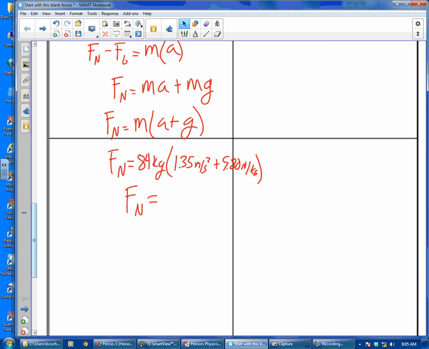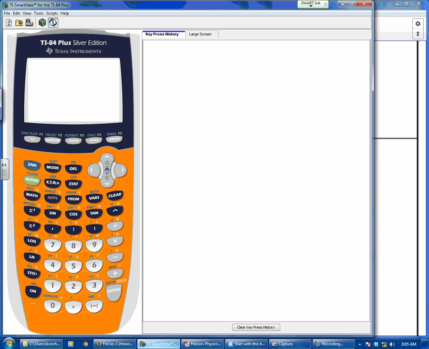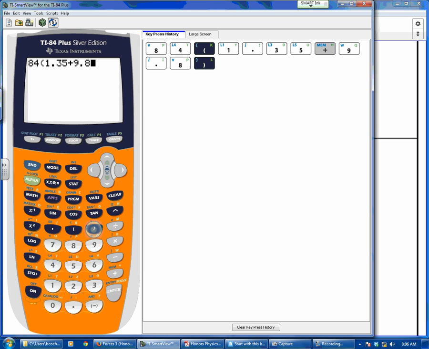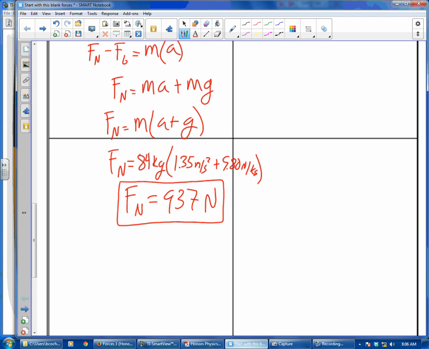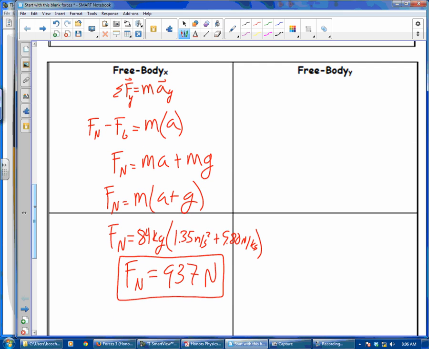So I would just do 84 parentheses 1.35 plus 9.8 close parentheses, enter, and I get 937 newtons. Alright, any questions on that one before I do part B? Alright, good.